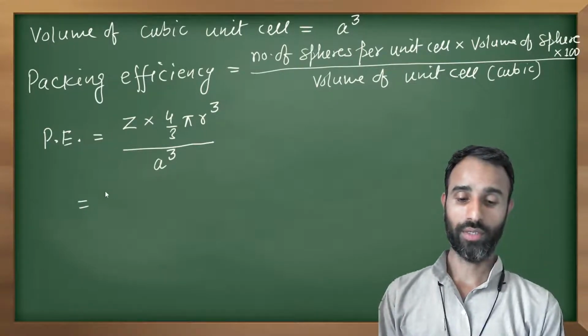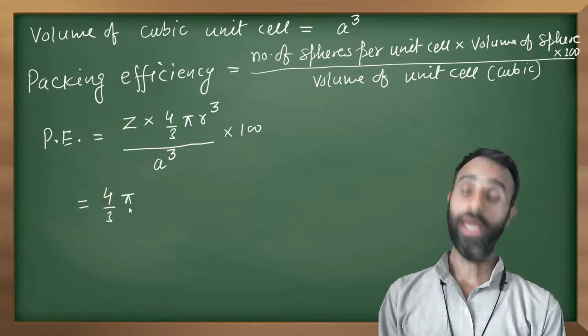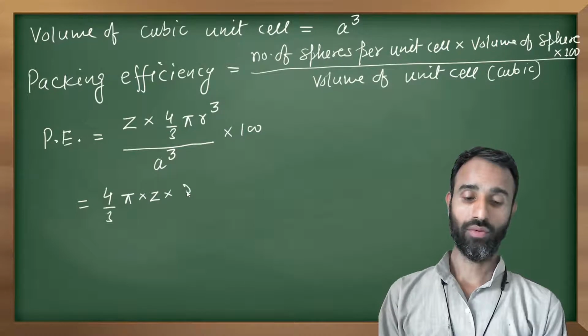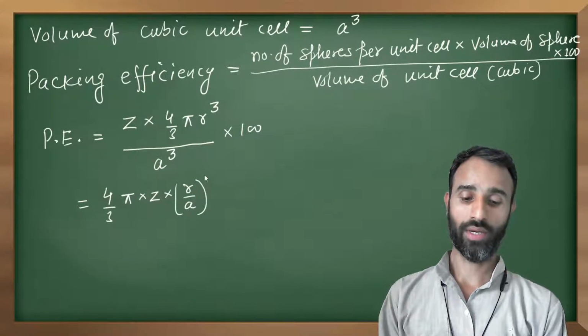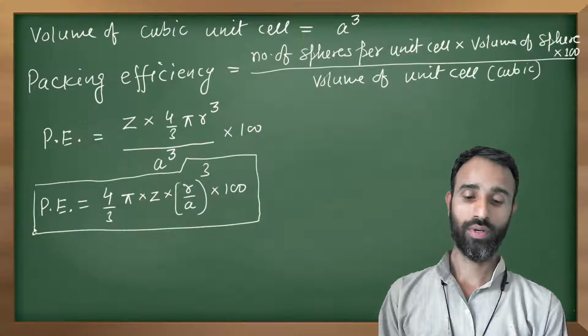In short, it comes out to be 4 by 3 pi into Z into r upon a cube into 100. So this is packing efficiency.